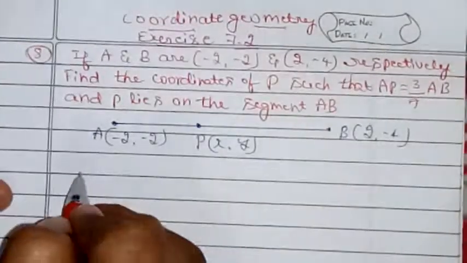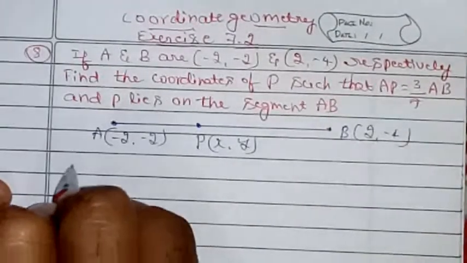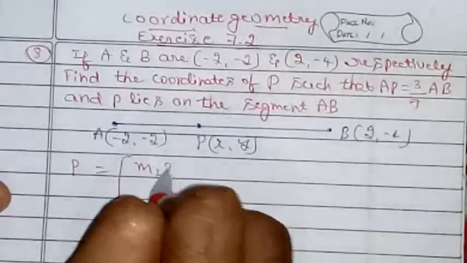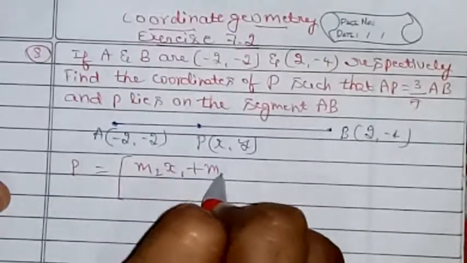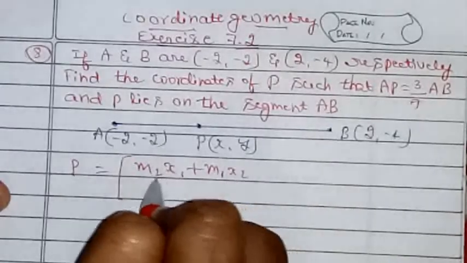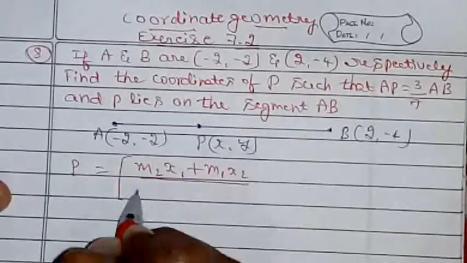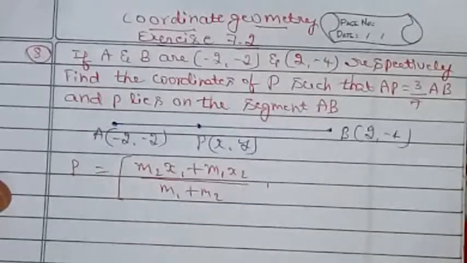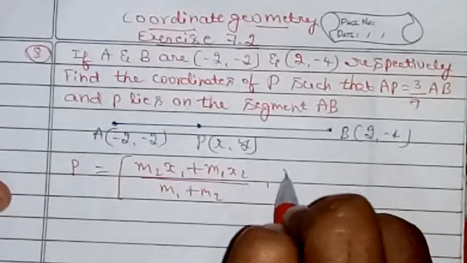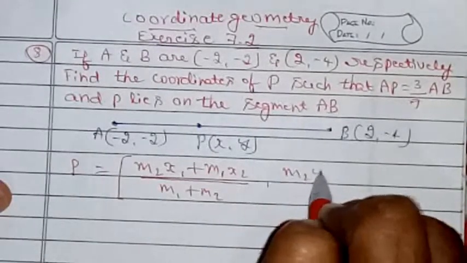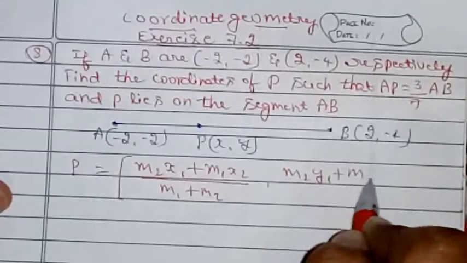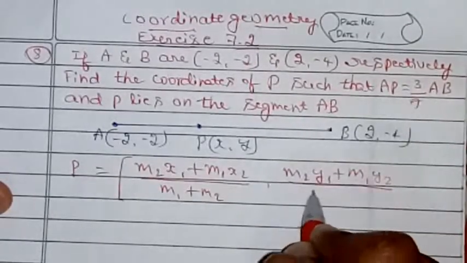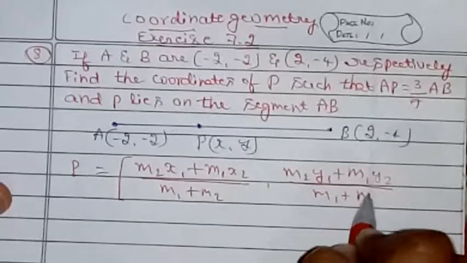So now what is the section formula? Section formula you have already learned. P equals (m2 x1 plus m1 x2) divided by (m1 plus m2) for the x coordinates, comma, (m2 y1 plus m1 y2) divided by (m1 plus m2), right?